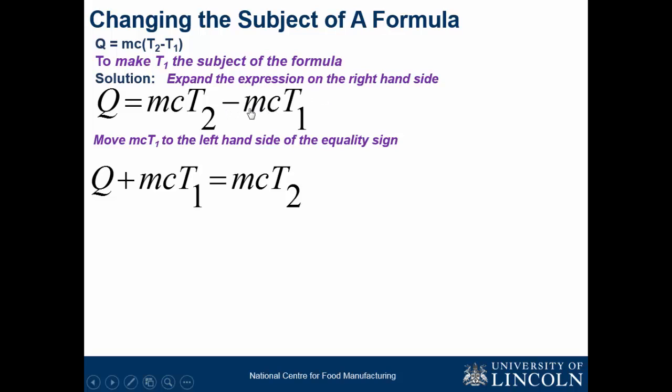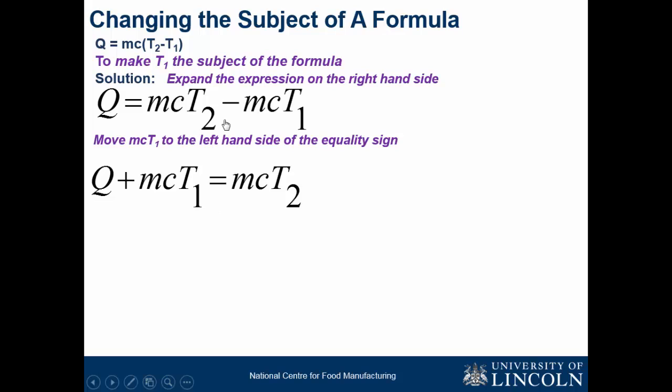The one we've added to this side has only disappeared because there's a negative MCT1 before, so that will cross it out. But the one here is there to stay because there's no negative MCT1 at the left hand side. That is why we have MCT1 here. So we have Q plus MCT1.